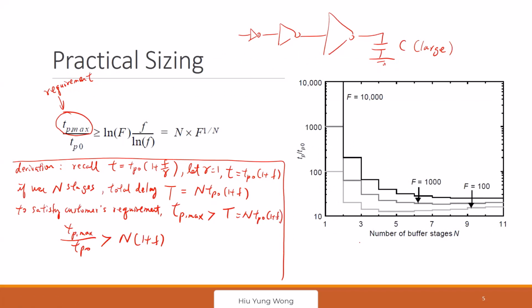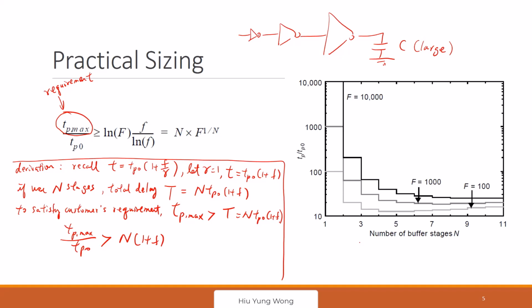Yeah, but what is f? Someone tell me what is f again, if I have n stages. Do you remember? What is small f, in terms of capital F? Yeah, small f is the fan out of each stage. They need to be the same, right?